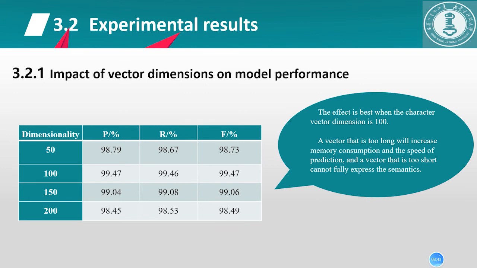After experimental verification, the best effect is when the dimension of the character vector is 100. A vector that is too long will increase memory consumption and prediction speed, and a vector that is too short cannot fully express the semantics.